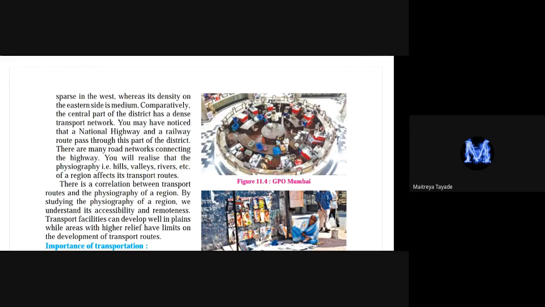Transport facilities can develop well in plains, while areas with higher relief have limits on the development of transport routes. It means we can develop transport facilities in the plain areas, and where there is a high-relief area, hilly area, valleys, rivers, it is difficult to develop transport routes there.